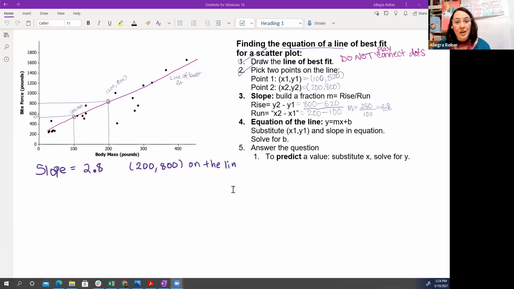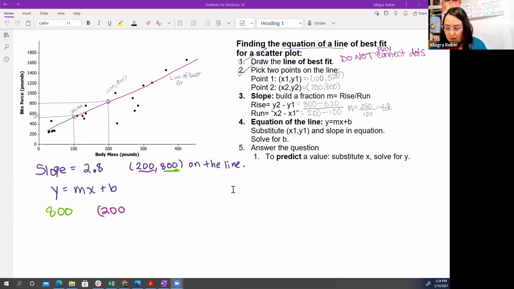My task, therefore, is to find the equation of the line. So the real thing I still need is b, because I know my slope is m. So I'm using my y equals m times x plus b equation. I'm substituting in. I know my y value has to be 800 and that my x value has to be 200.